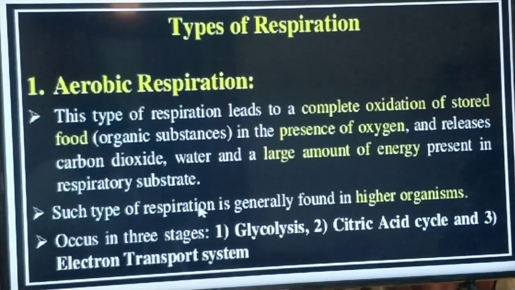Such type of respiration is generally found in higher organisms, and this occurs in three phases, that is glycolysis, citric acid cycle, and electron transport.